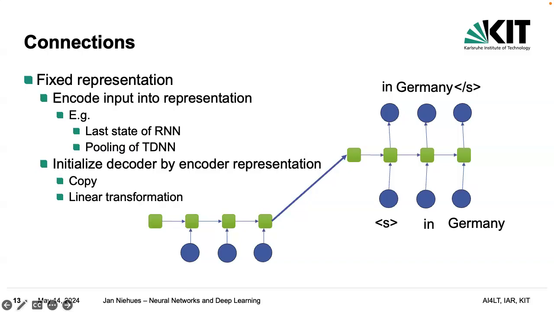What we then do is we're taking this one and using it as our initialization for the RNN in the decoder. We can just copy it. We can also do a linear transformation. But now you have here the hidden state. The first hidden state is no longer like fixed, but it's like everything we have from our RNN before.